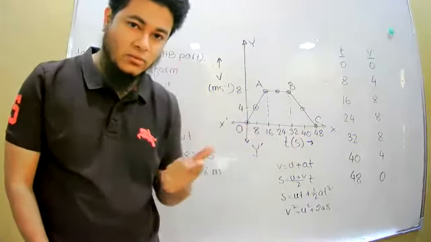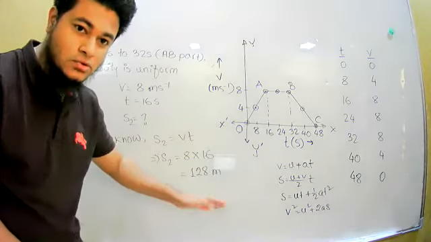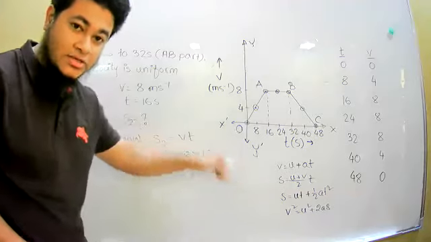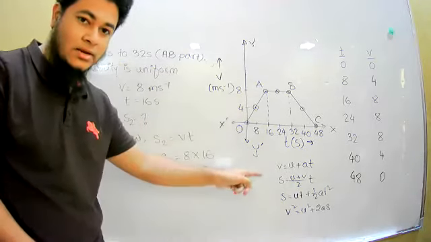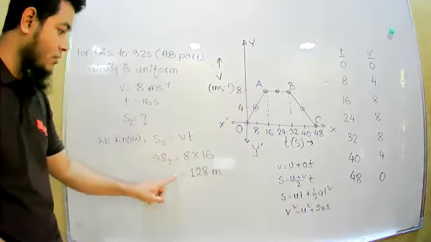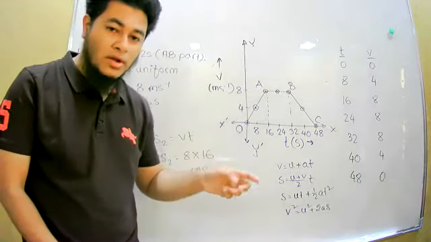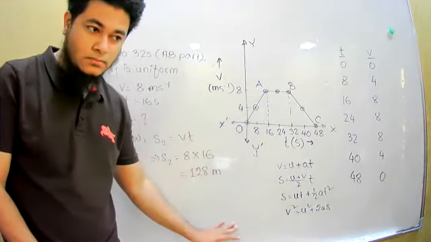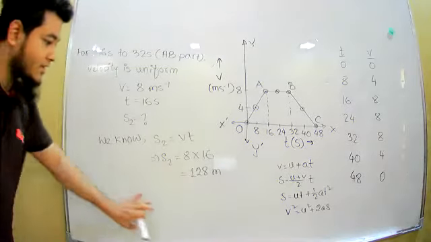Okay, so if you are answering the question that is given there, then the next line will be: the distance covered in first 32 seconds is equal to S1 plus S2. S1 is the distance covered in OA part, that is 64. Then S2 is the distance covered in AB part, which is 128. So you add them up, you will get 192 meters. Okay, good, very good. You already calculated. So write that line, okay?